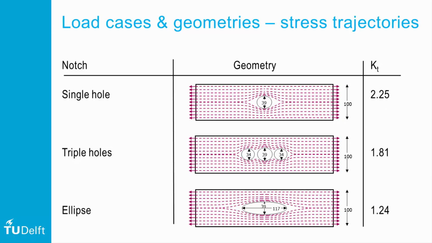So by adding those two additional holes on both sides of the larger notch, we effectively push the stress trajectories outward and we reduce the stress concentration at the notch root of this larger diameter hole. You can see that with the ellipse something similar is obtained and hence the stress concentration factor is further reduced.